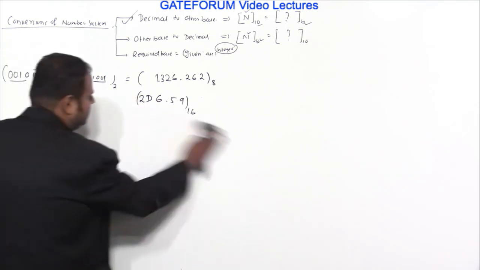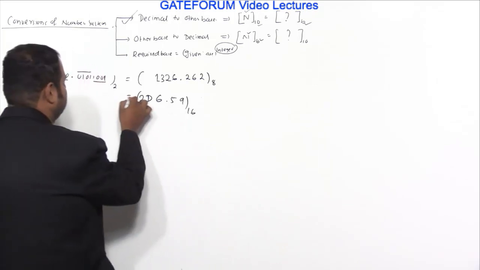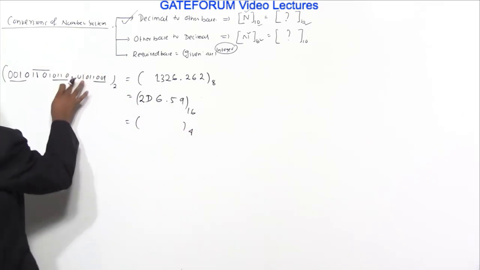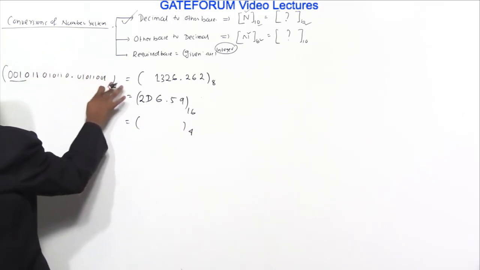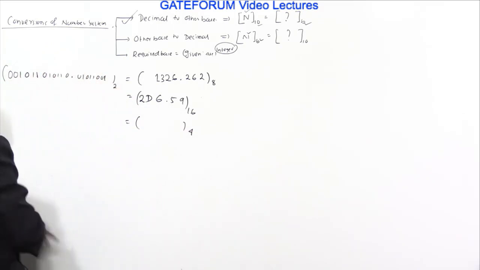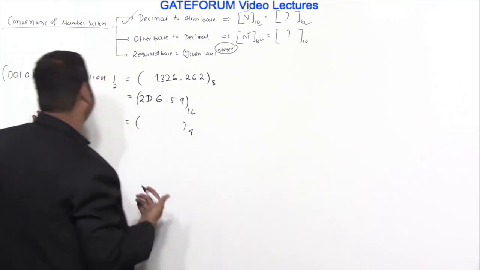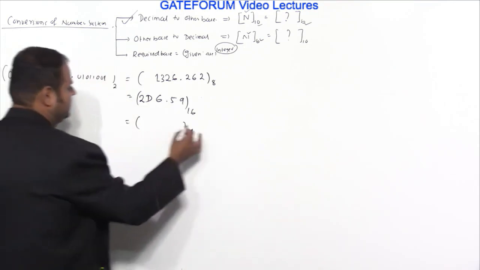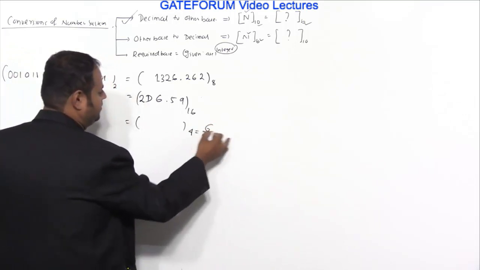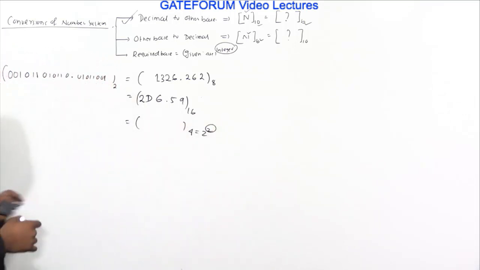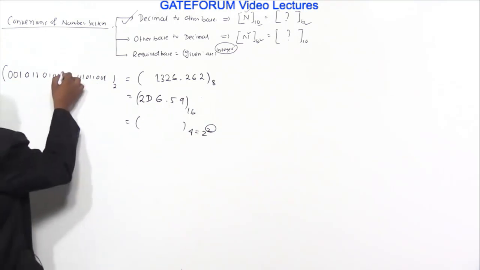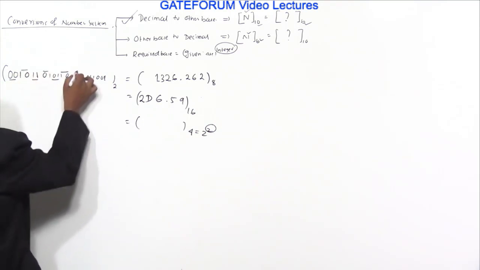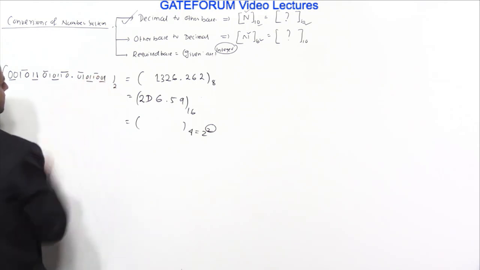Now suppose the same problem, if it would have been asked to obtain the base 4 equivalent of this, what would you have done? This might be new to many of you. One technique is to convert this into decimal and then decimal to base 4. But in this case it is not needed, since 4 is 2 to the power 2. So you may group 2 bits at a time.